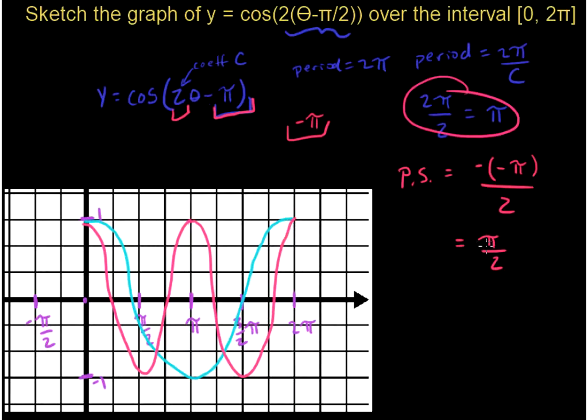Now it's been shifted by pi over 2, so I'll do this one in green. To take into account this phase shift, you're just shifting this graph over in the positive direction pi over 2. It's not showing up very well, but you know this graph comes down like this.